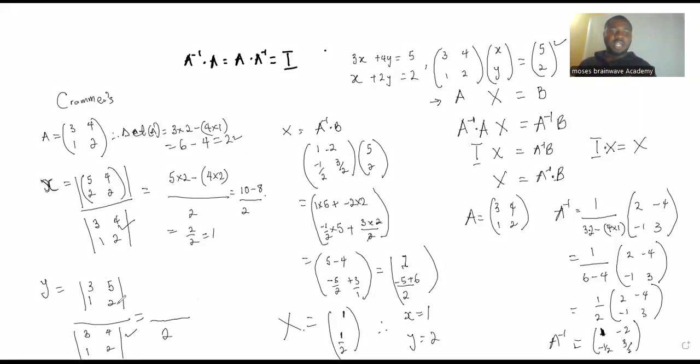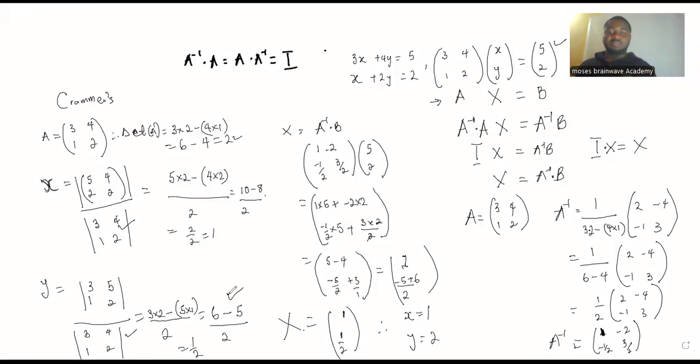Then here, I'm going to do 3 multiplied by 2, the determinant of the numerator. Then this is 5 multiplied by 1. So 3 multiplied by 2 should give me 6. 5 multiplied by 1 should give me 5 over 2. 5 minus 1, this is just 1 all over 2.